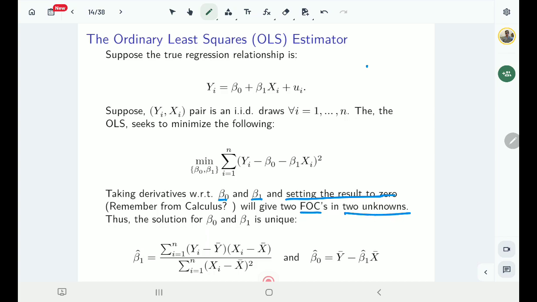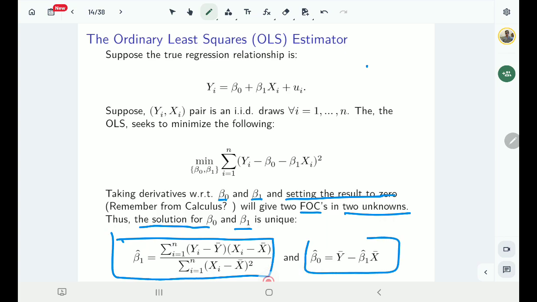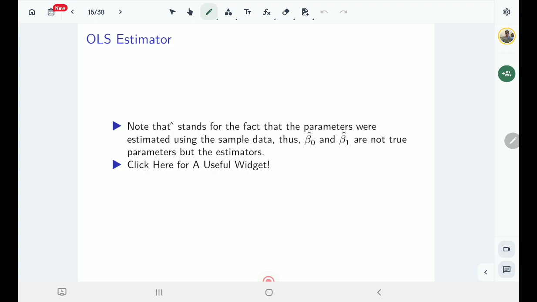That means that the solution for beta 0 and beta 1 is going to be unique. I don't want to spend time deriving this mathematically; you can find it on the internet, but I promise, if you do derive everything, you will get the formula for beta 1 in this way, and beta 0 in this way. So these are already formulas.